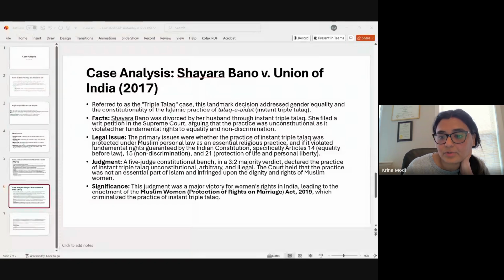So this was one of the interesting cases where we read the constitutional articles, the rights guaranteed by the Indian Constitution, and how our plaintiff or petitioner won this case because the judge said that it violates her fundamental rights guaranteed by the government, which is Article 14, 15, and 21. I have one more slide explaining more about this case, but if you guys have anything, please ask.